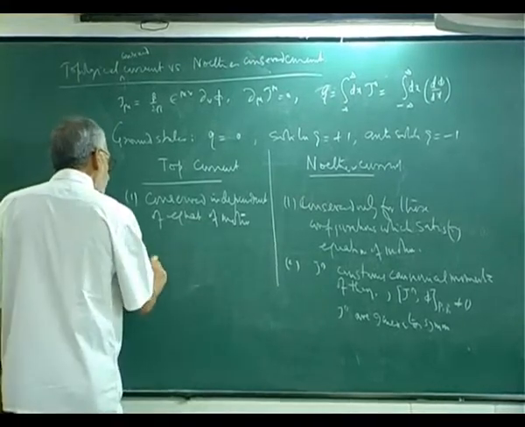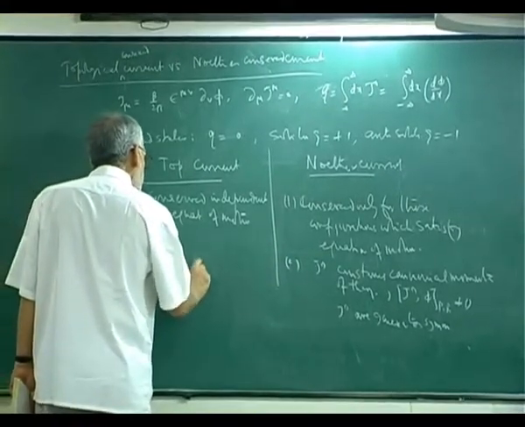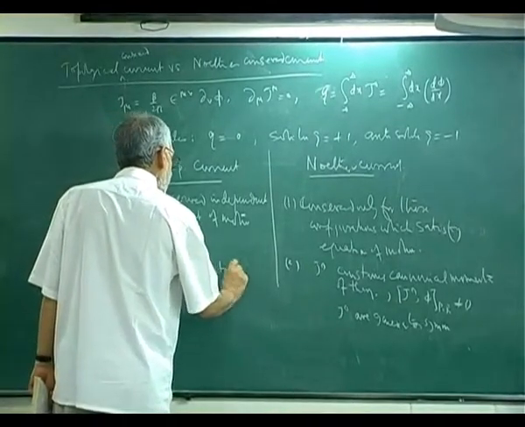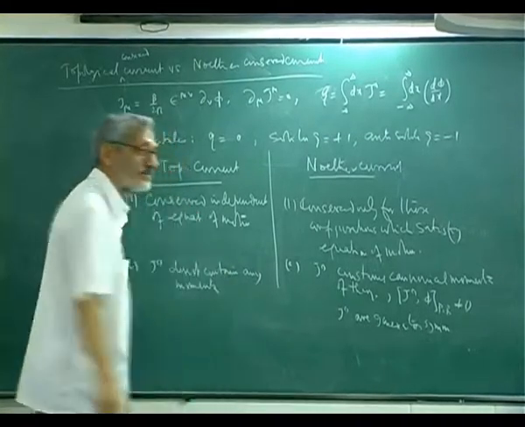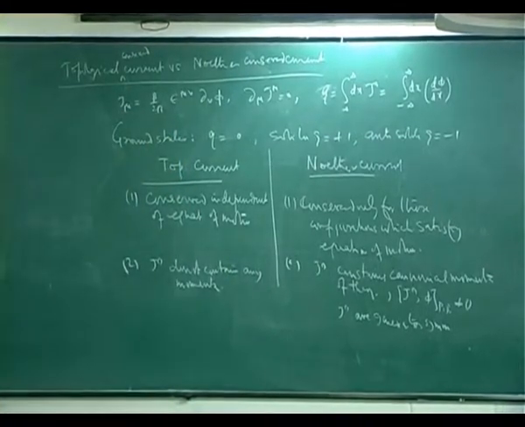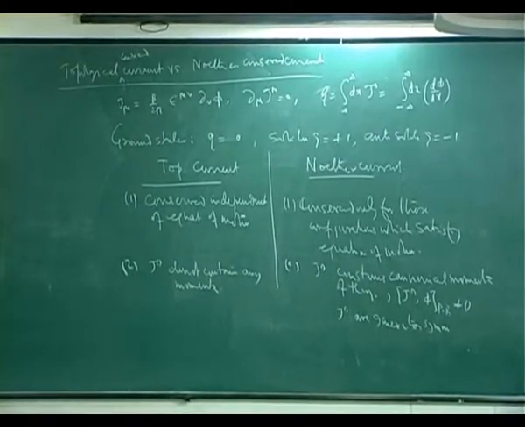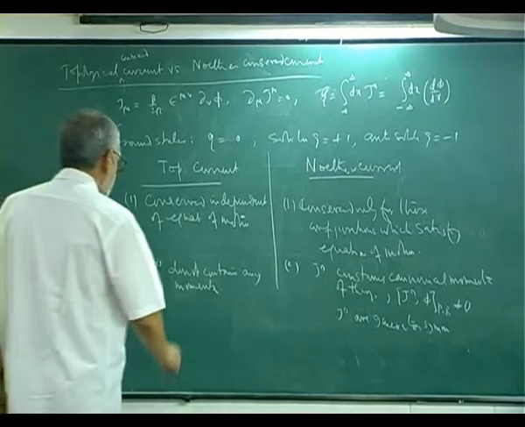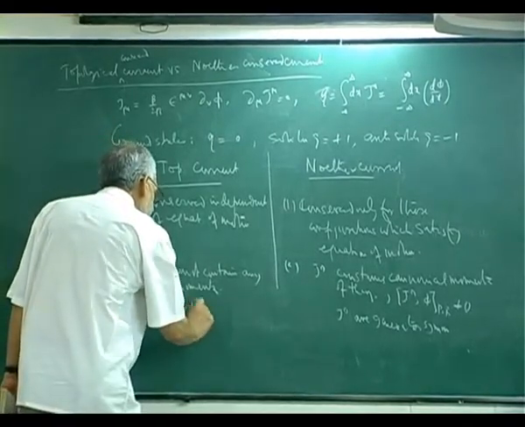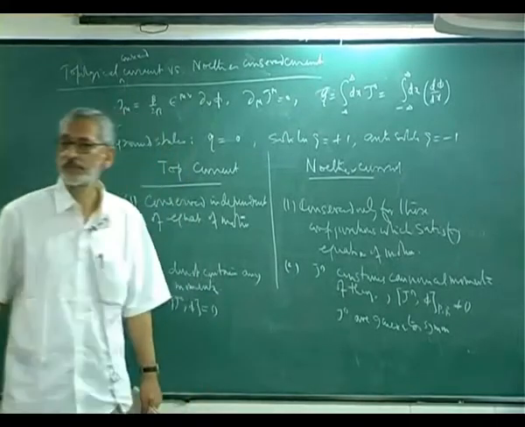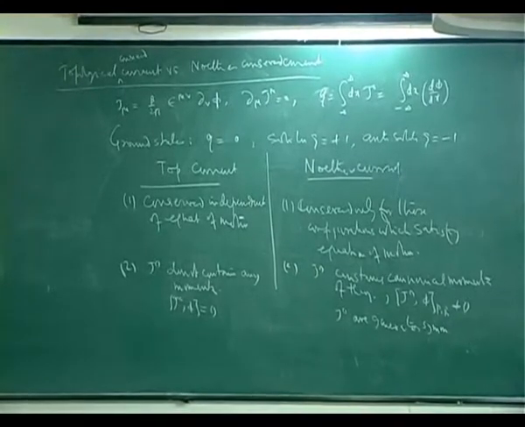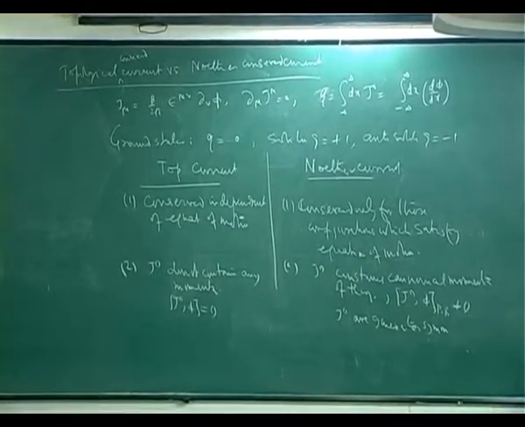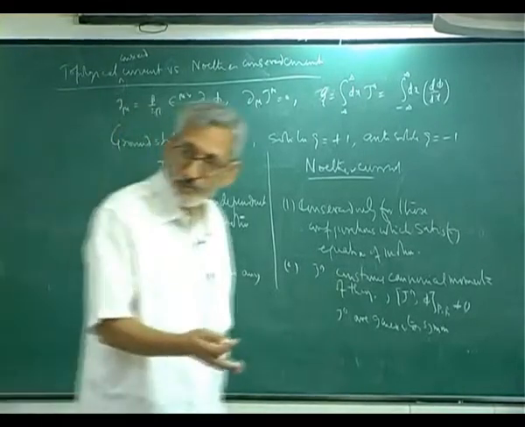On the other hand, topological current densities do not contain any momenta. Therefore, the Poisson brackets of J0 with the fields are 0. So these J0s don't generate any continuous symmetry.